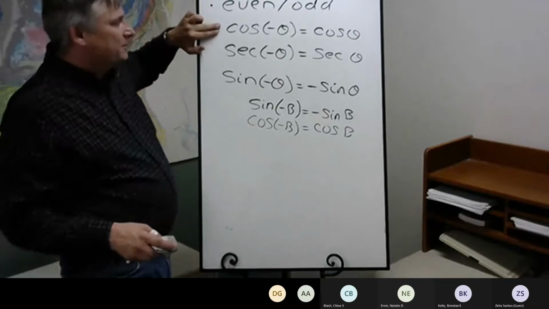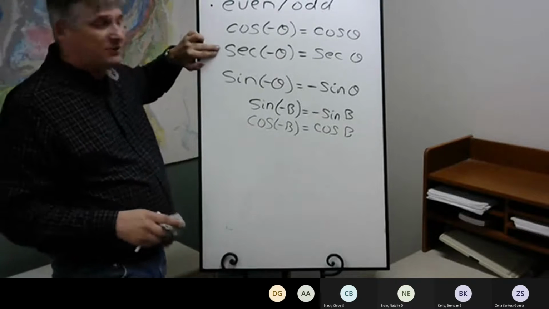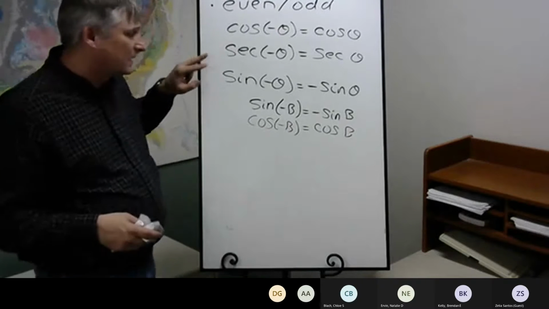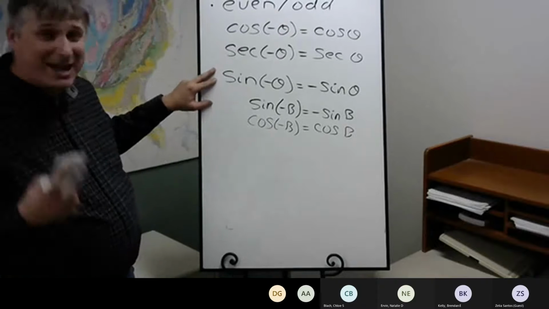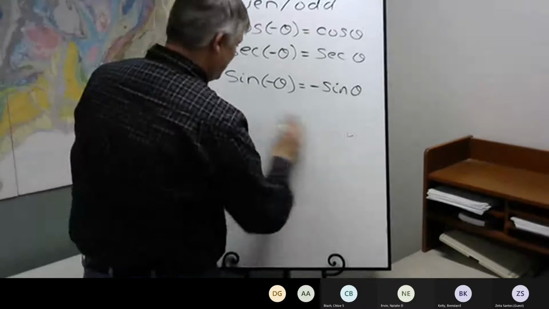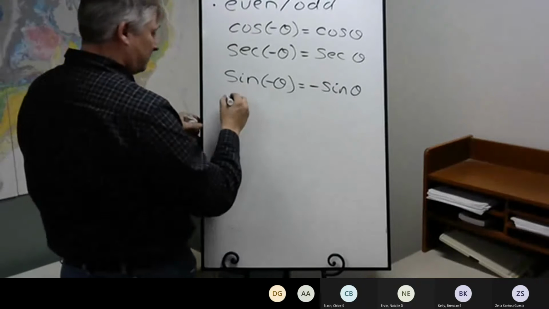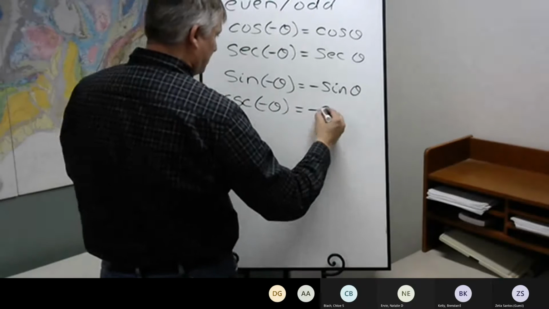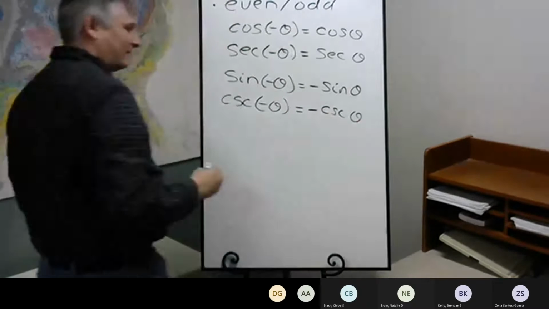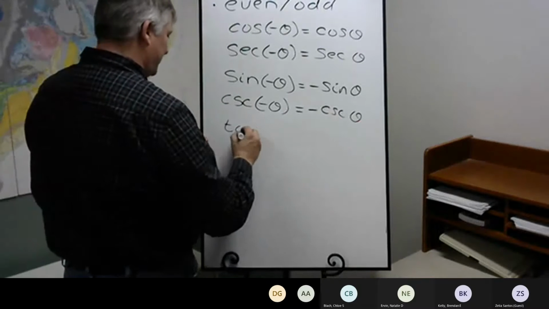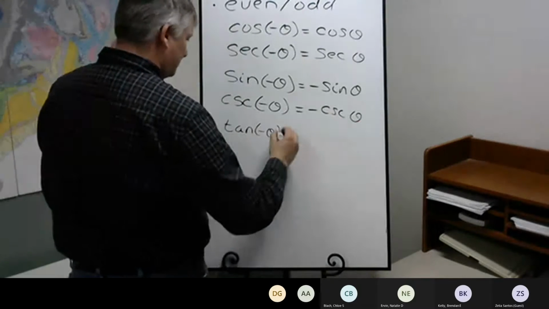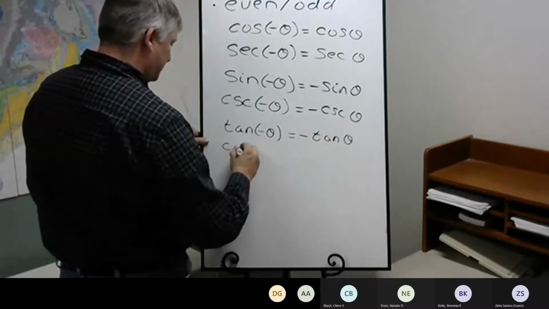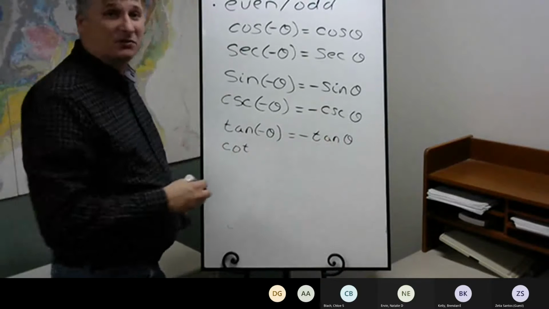So cosine negative theta is just cosine theta. Secant, which is actually just 1 over cosine, secant of negative theta is secant theta. Sine of negative theta is negative sine theta. And then cosecant, which is 1 over sine, and then same with tangent and cotangent, because they both contain sine functions.